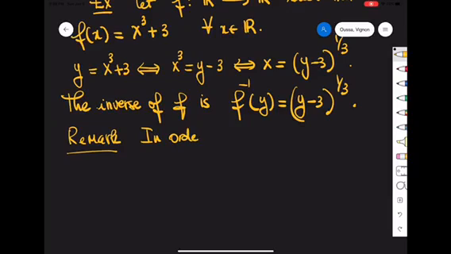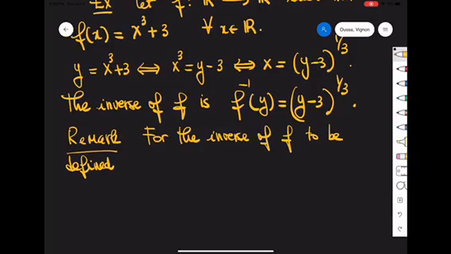In order for the inverse of f to be defined, it is crucial that f is injective.